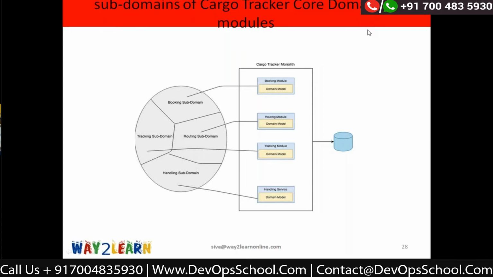Okay. So we were discussing yesterday about domain-driven design, and these are the subdomains we understood for the cargo tracking application. So my application was cargo tracking. There are modules. First of all, try to understand this use case. You will get a lot of insights.